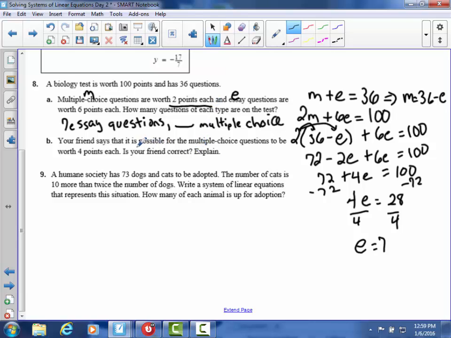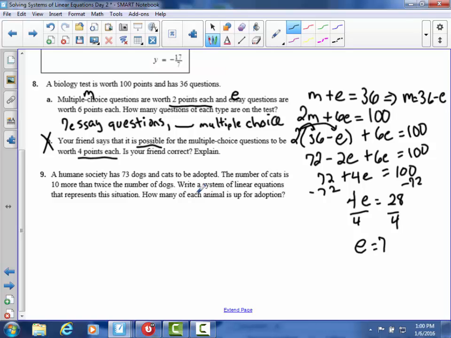How would it be possible for the multiple choice questions to be 4 points each? Suppose if we changed up the numbers or something like that. I don't like this particular question, so I'm going to tell you to just leave that one off.